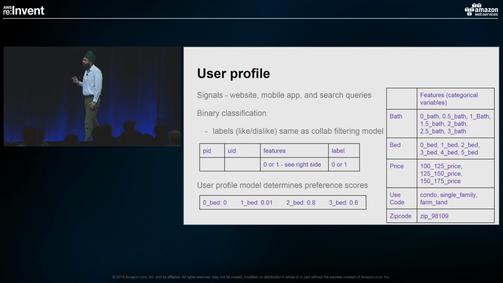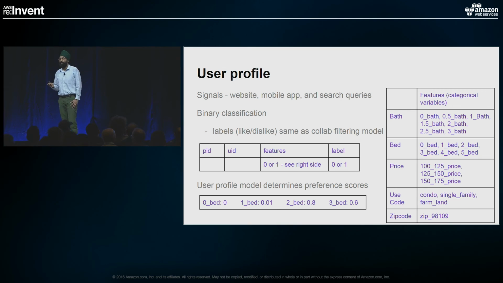We convert each property to a set of categorical features. You can see on the right that, for example, for bathrooms you have 0 bath, 0.5 bath, 1 bath, and so on. For price, you have ranges like 100K to 125K. Everything is categorical in nature, and properties have 1,000 features, either set to 0 or 1.